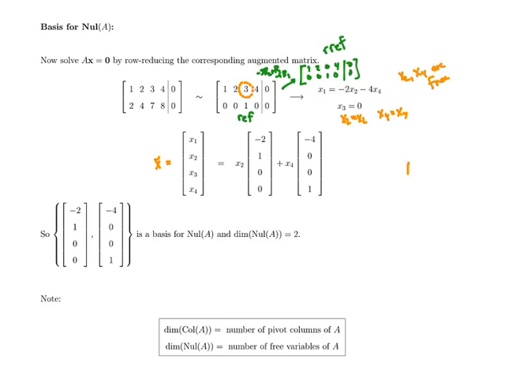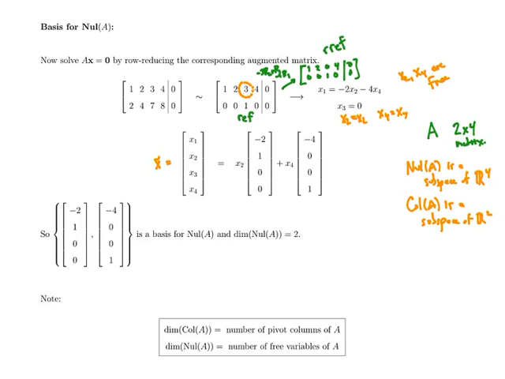Remember that the null space is a subspace of, in this case, R4, and the column space is a subspace of R2, and that's because A was a 2 by 4 matrix.